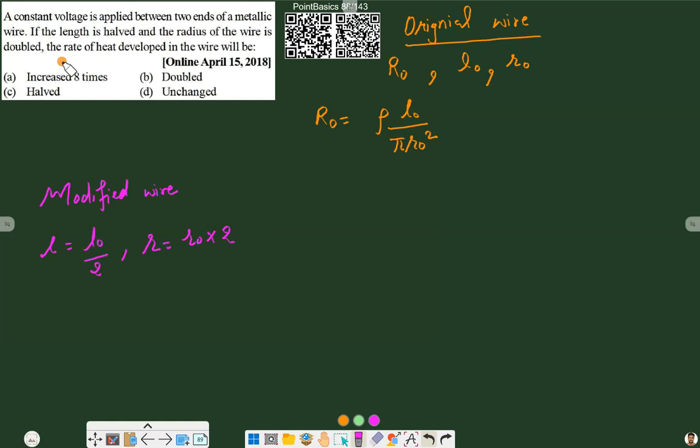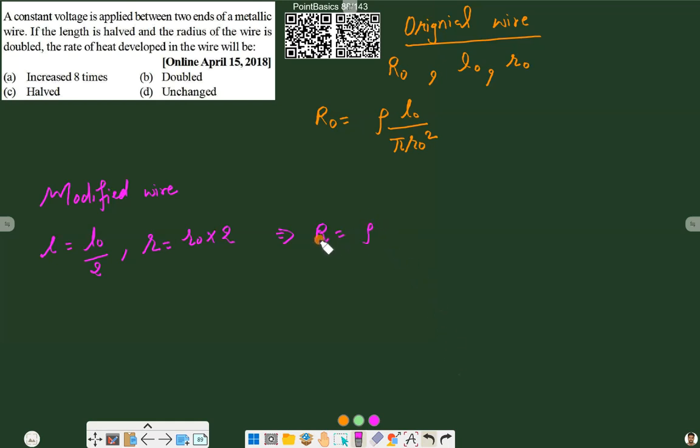Again, as these parameters are changed, our new resistance R will be equal to rho, which will stay as it is because it is resistivity, and resistivity of a wire does not change when some of its parameters are changed. This is because the material of the wire is the same, and resistivity depends upon the material.